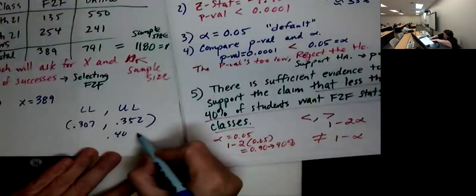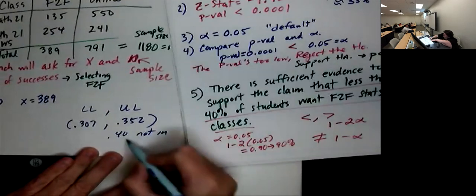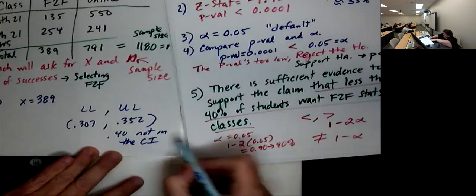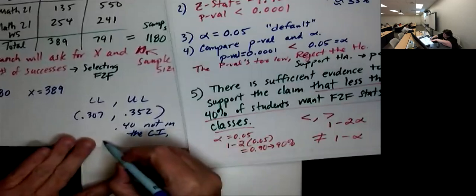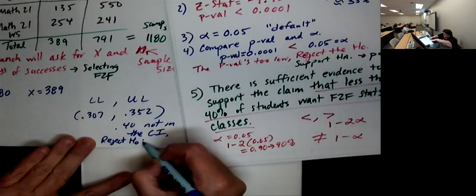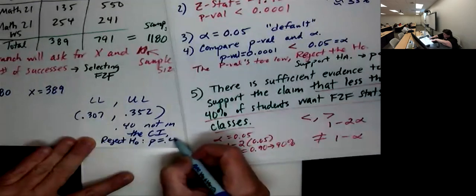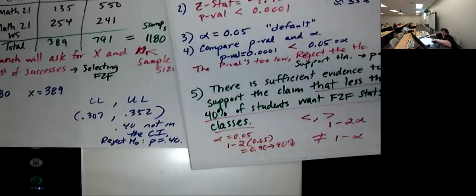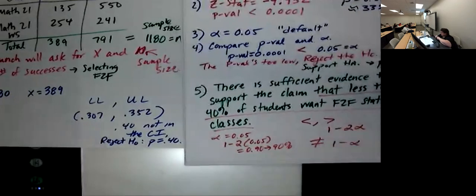So as I was saying, 0.40 is not in that interval, so we reject H naught, which was P equals 0.40. That's kind of how the confidence intervals and the hypothesis testing tie together.